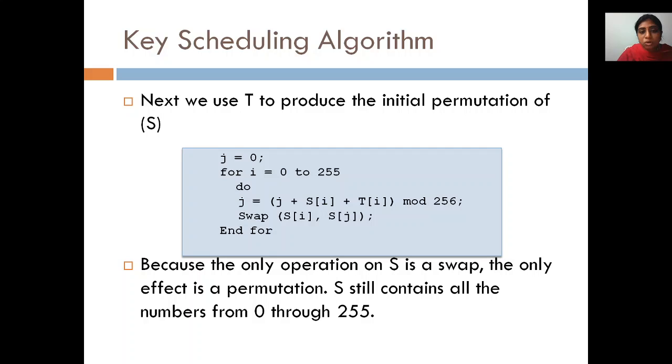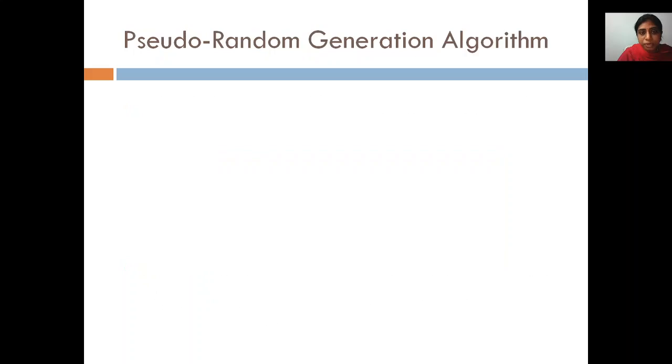For i equal to 0 to 255, we apply the initial permutation using this code, where we take the j value and swap S of i and S of j in the S vector. Then we get the permuted values, and this continues till all 256 entries are completed in the S vector.